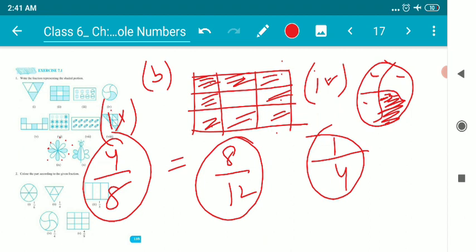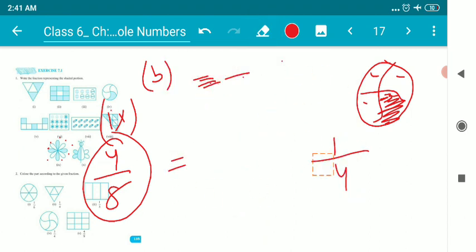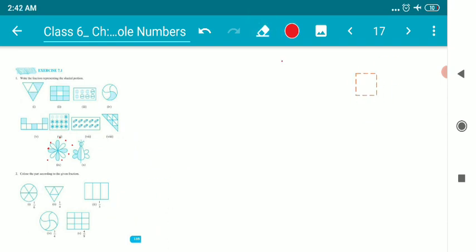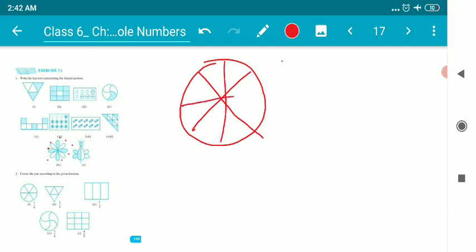Question number 2 is about shading the colors. There is a circle. Let me draw the circle first, it will be more clear to you all. The circle has 6 parts: 1, 2, 3, 4, 5, 6.